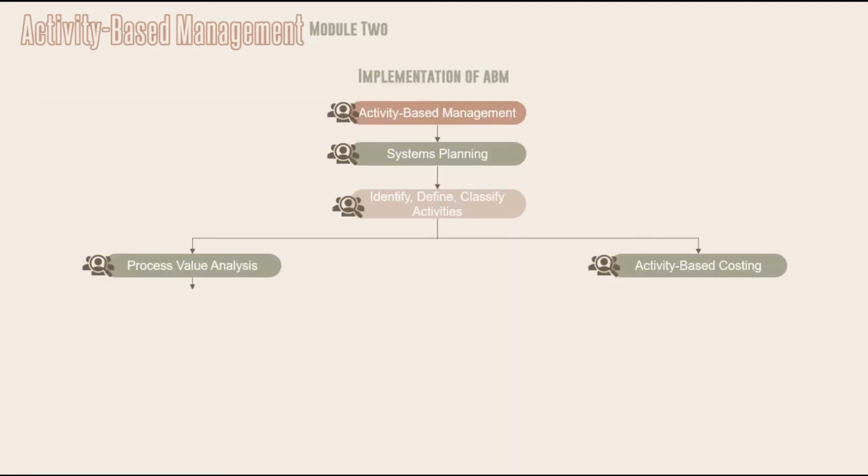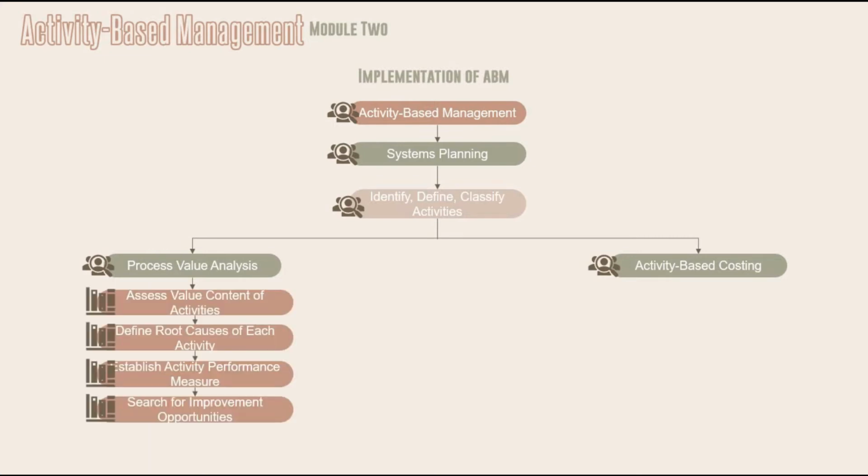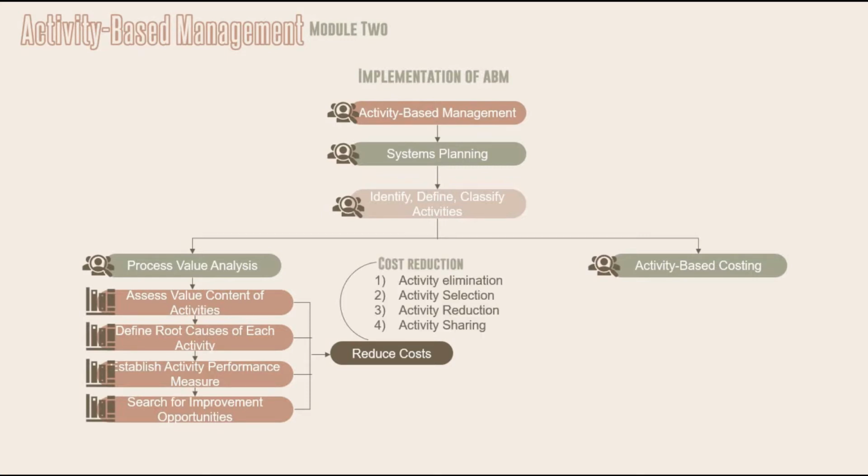Now, placing all of the processes under PVA will look like this, and these processes are being done to reduce cost, where cost reduction methods normally include activity elimination, activity selection, activity reduction, and activity sharing.